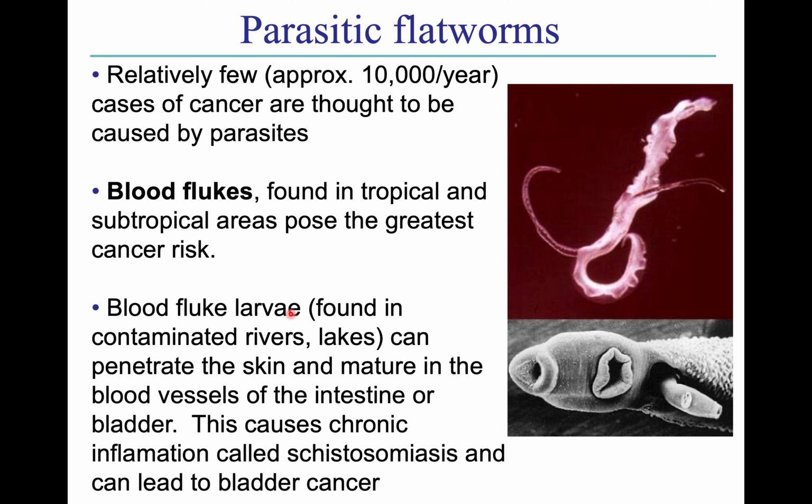These larvae can actually penetrate the skin, and they will then mature in blood vessels in the intestine or in the bladder. And the presence of these flukes will cause chronic long-term inflammation called schistosomiasis, and this can very typically lead to bladder cancer or sometimes gallbladder cancers.